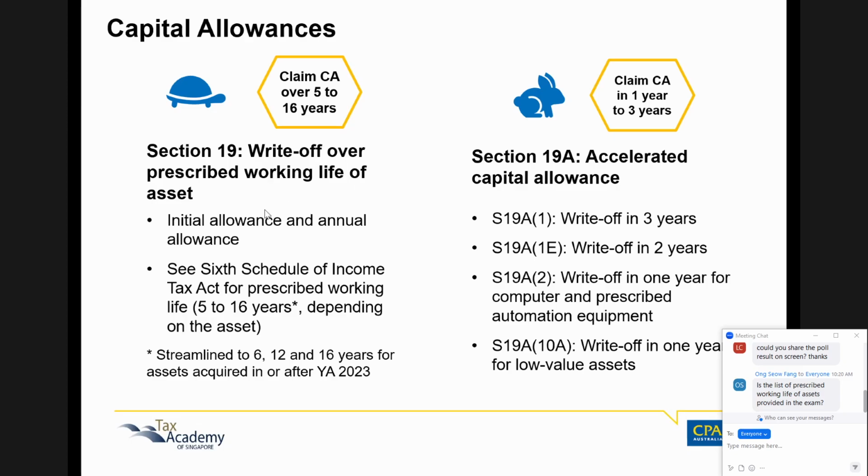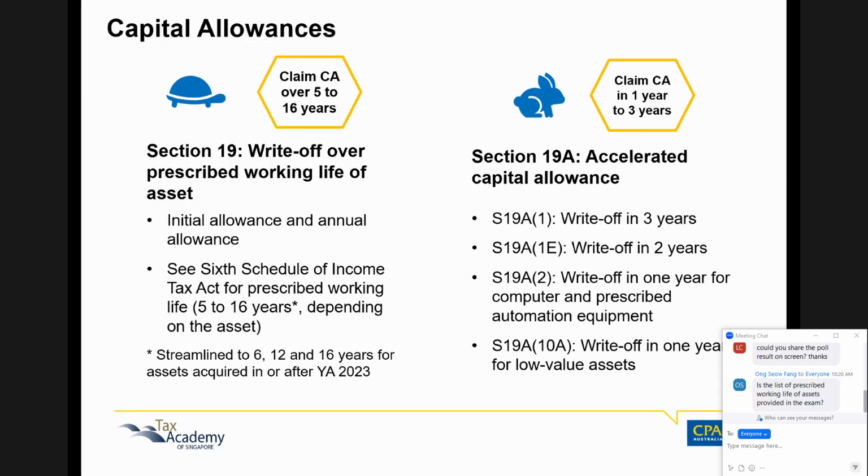So for YA 2022, if I'm looking at the normal write-off over the prescribed working life of the asset, it will be 5 to 16 years. We have to look at this schedule.